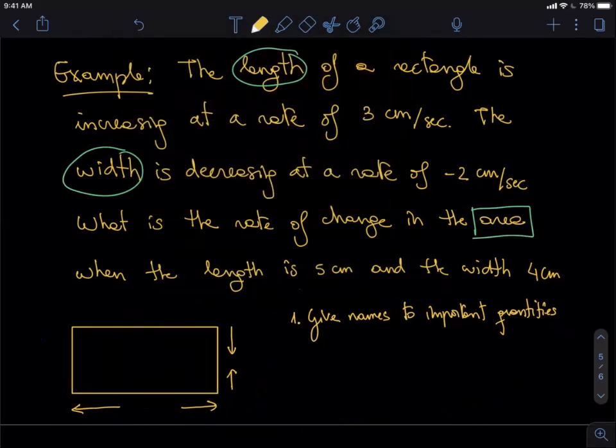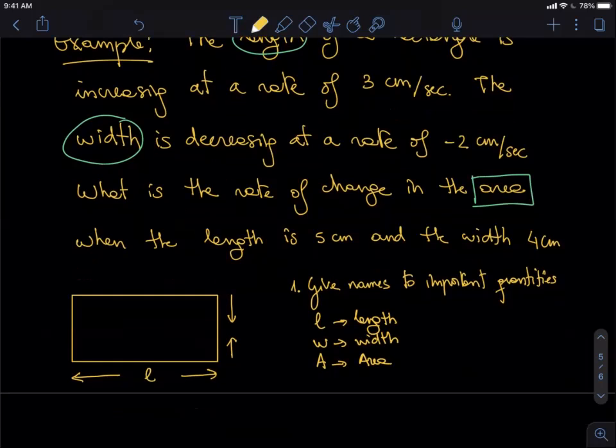So let's make it easy. L for the length, W for the width. You can call them X and Y if you want. I just like to make it this way so that there is no confusion. And then A is going to be the area. Okay, so I have the length and the width.